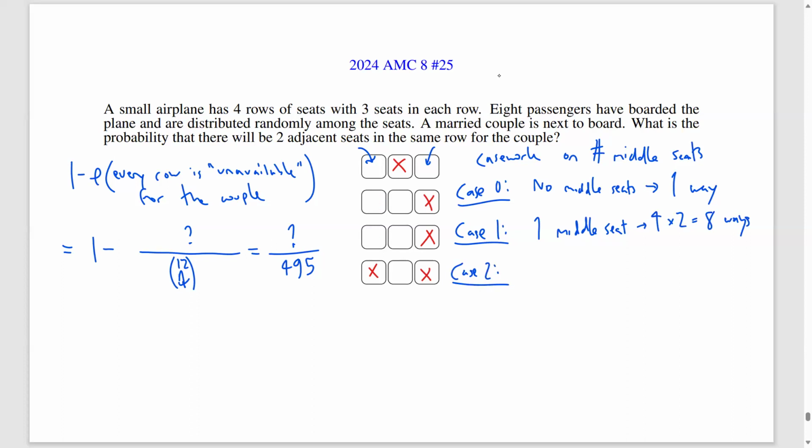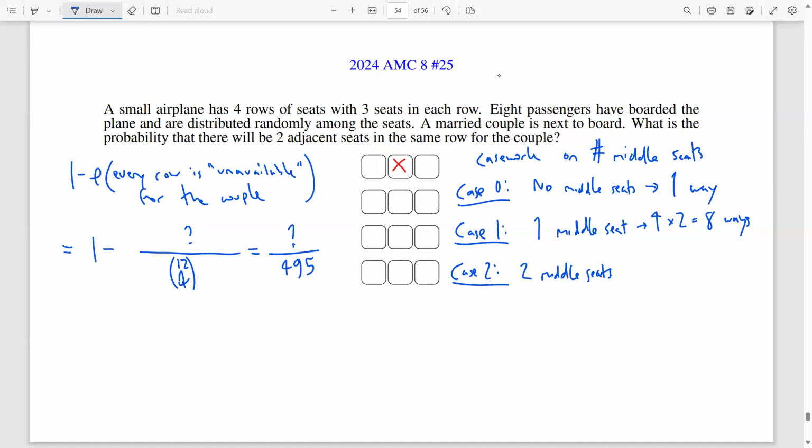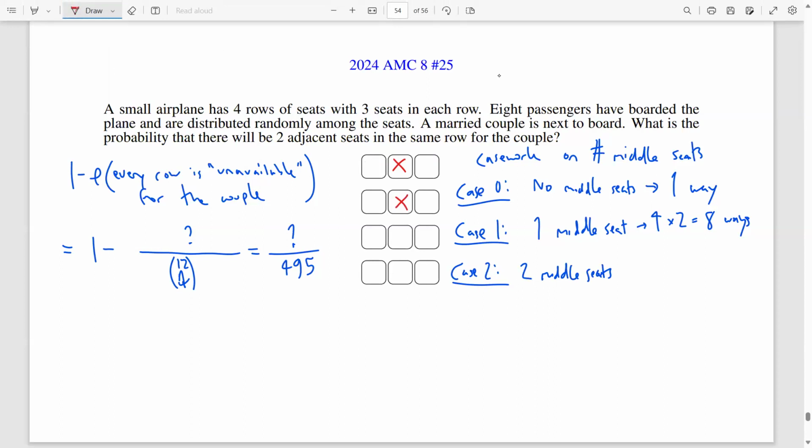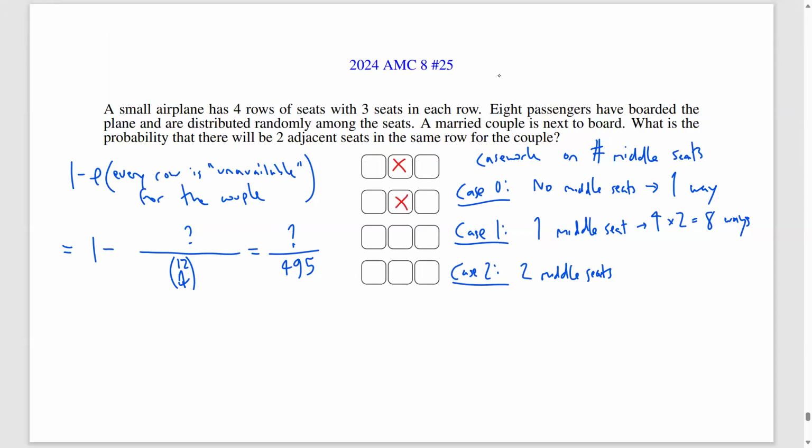Next, for case 2, if 2 middle seats are taken, let's say that the first 2 rows, the middle seats are taken. This is going to imply that the remaining 2 rows, the left and right seats in that row, are taken.